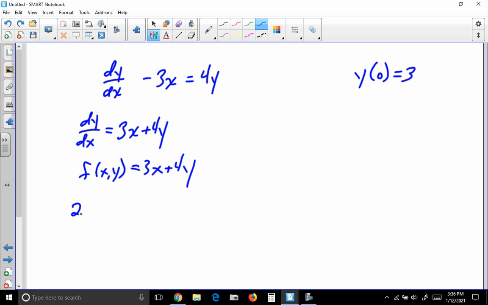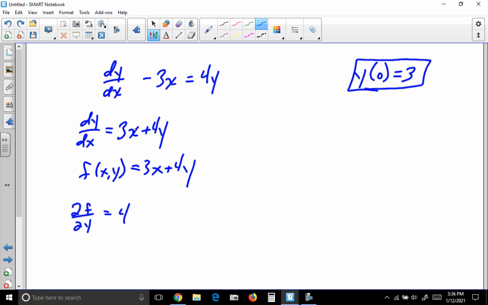And then the partial of f with respect to y, we take the partial with respect to y, we get 0 here, the derivative of that is 4. So what did our theorem say? It said that these have to be continuous on some rectangle with which this is an interior point.